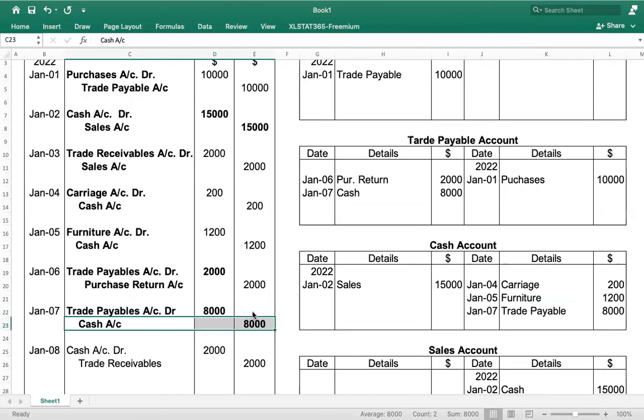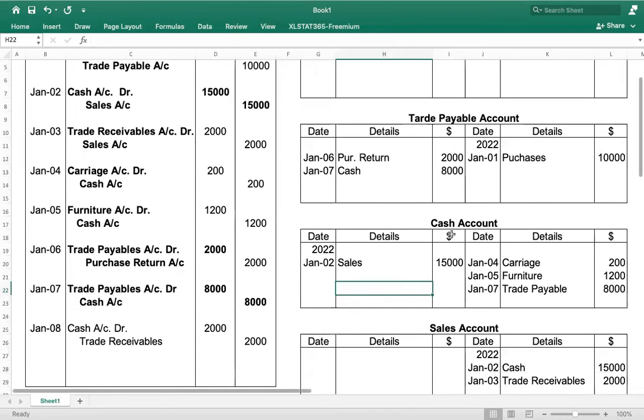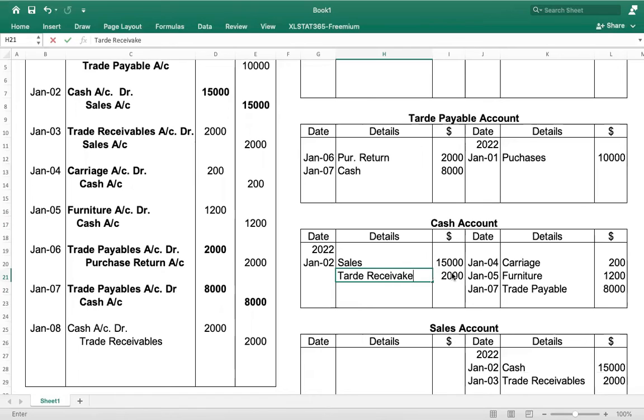Then the last transaction. Tell me. Cash is going to be debit. So the cash account, debit side I will write 2,000, trade receivable, Jan 8th.